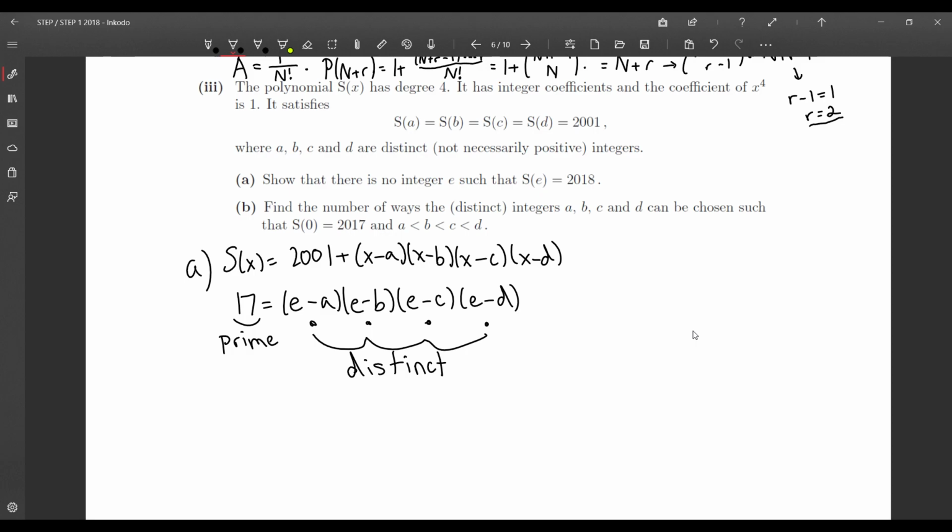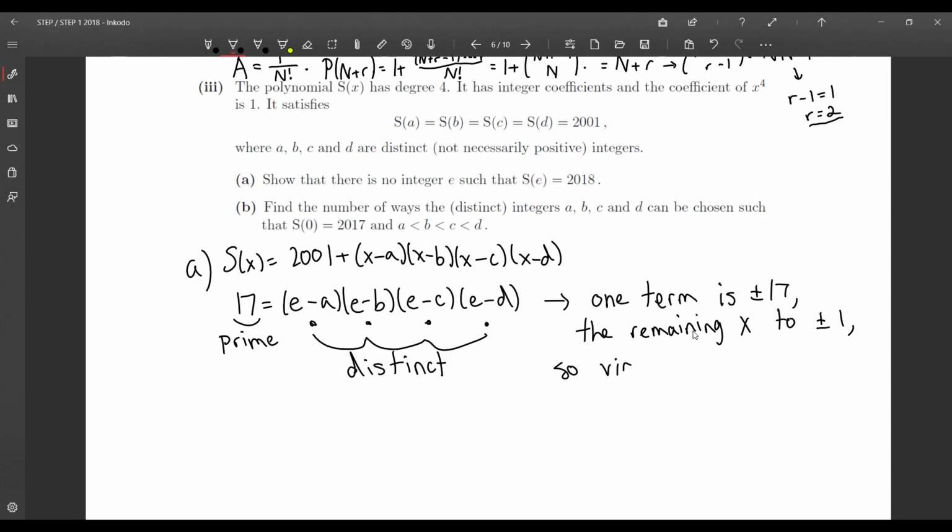And of course you have 3. One term is plus or minus 17. The remaining multiply to plus or minus 1.